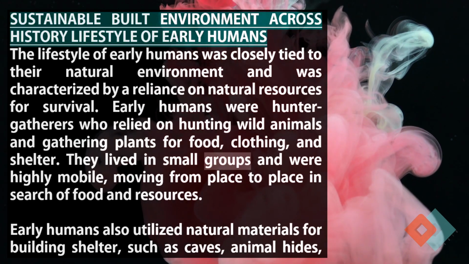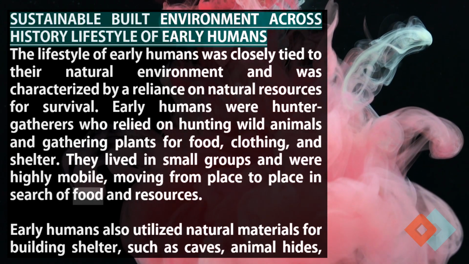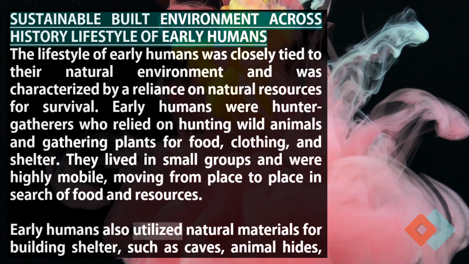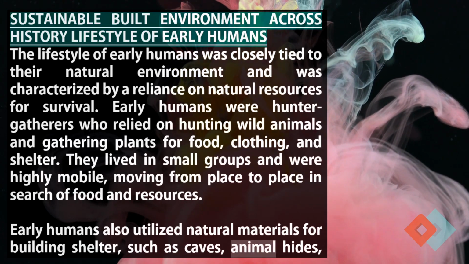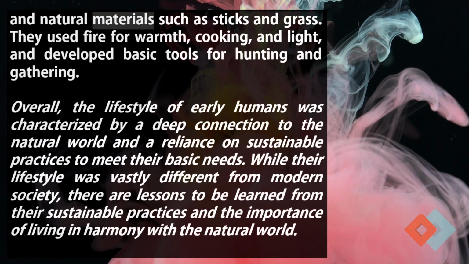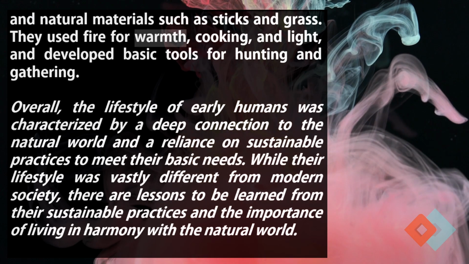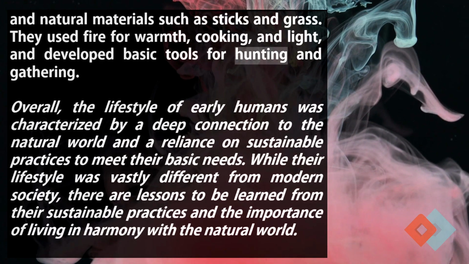They lived in small groups and were highly mobile, moving from place to place in search of food and resources. Early humans also utilized natural materials for building shelter, such as caves, animal hides, and natural materials such as sticks and grass. They used fire for warmth, cooking, and light, and developed basic tools for hunting and gathering.